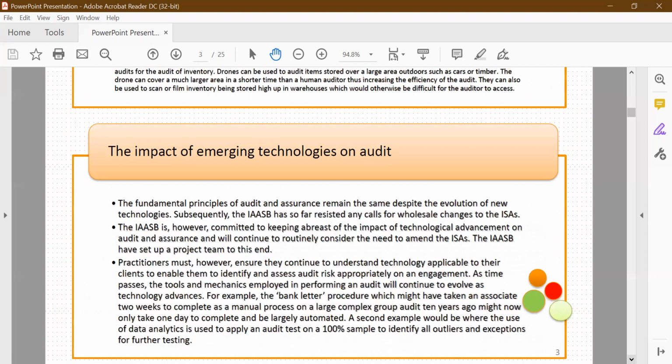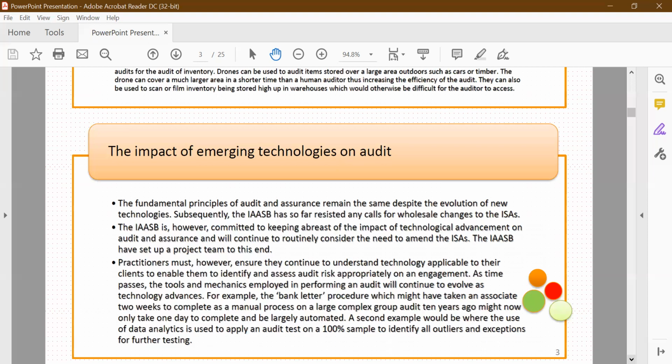Practitioners must ensure they continue to understand technology applicable to their clients. So if you're an audit practitioner, you must understand how technology affects your clients. So first of all, you must understand the industry. So let's say you are going to audit a bank, right? How is technology affecting the banking industry?